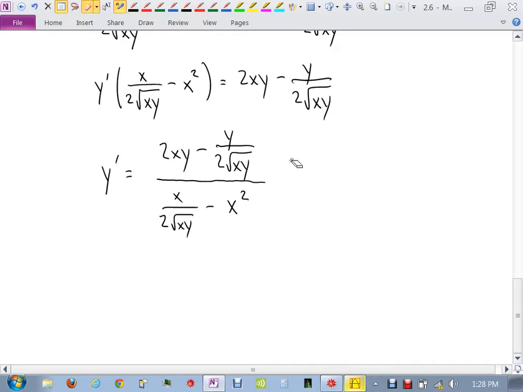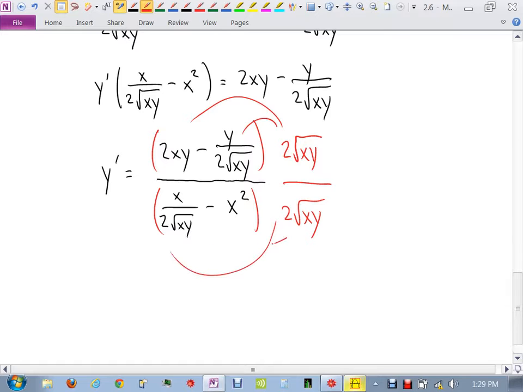They probably did this. They probably multiplied the top and bottom by 2 root xy and distributed through like this. And the reason why is because it will cancel those fractions.